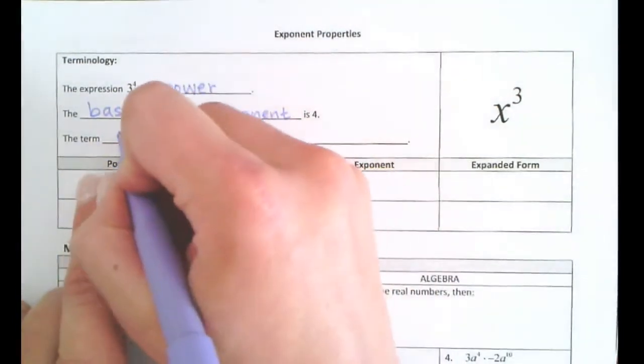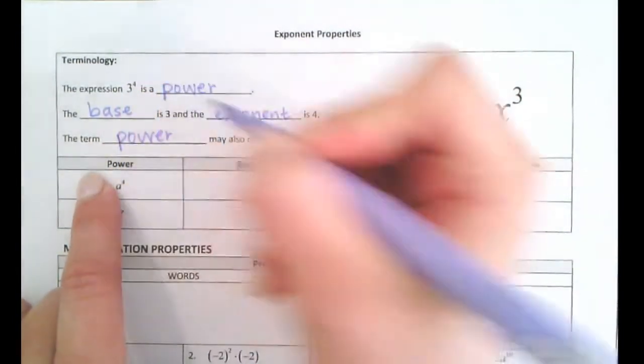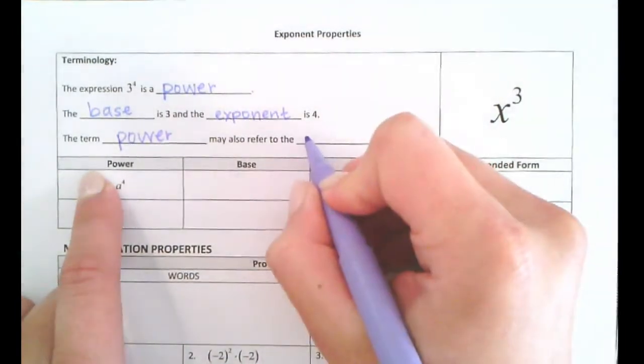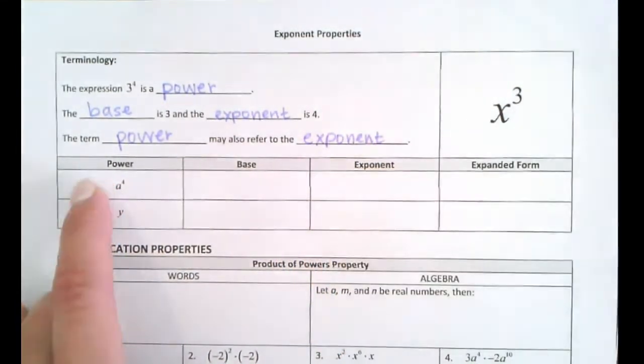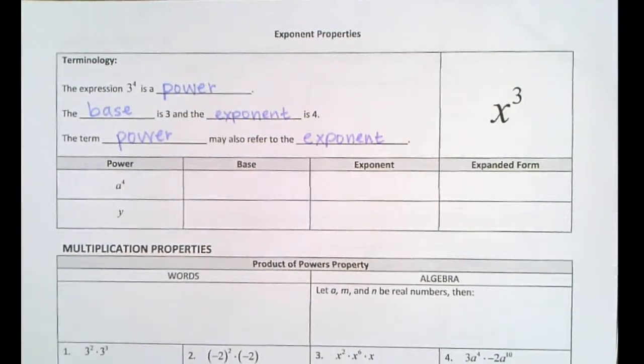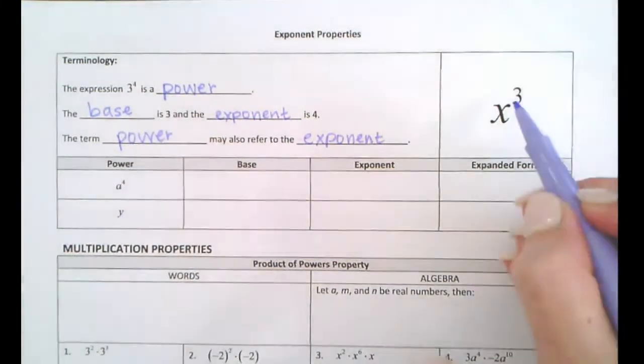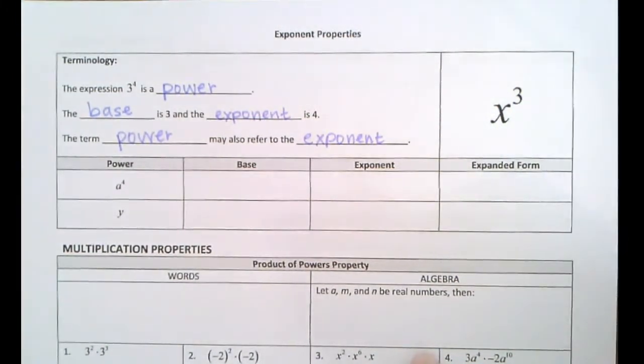The term power may also be referred to as the exponents. So you can hear 3 to the power of 4, or you can hear 3 to the exponent of 4. So let's label all of the parts to this.